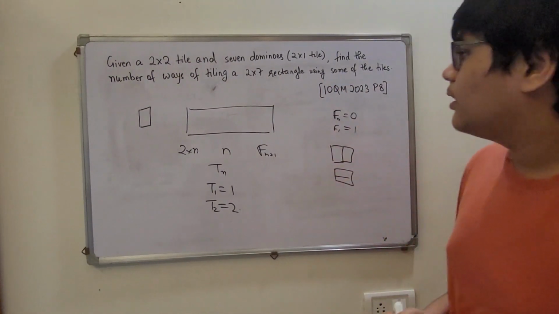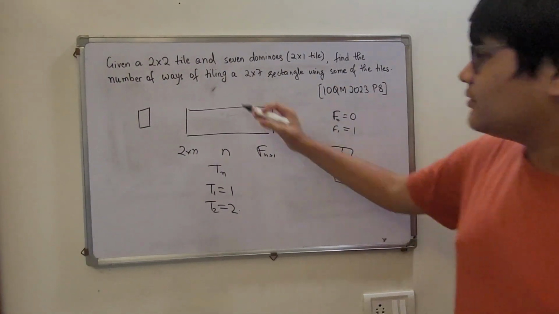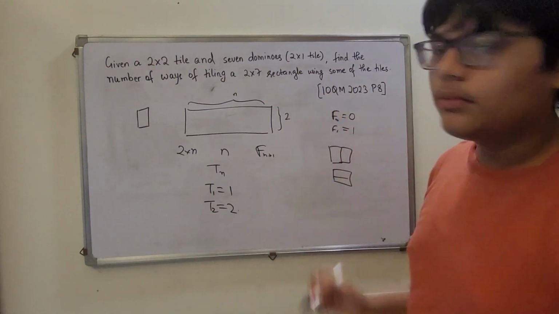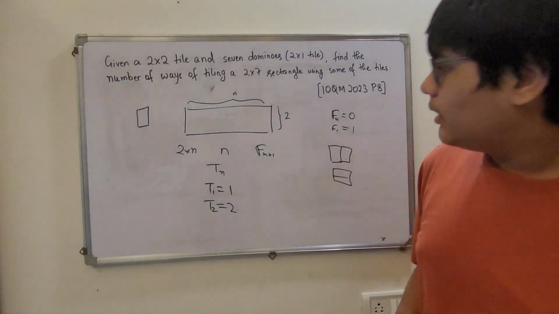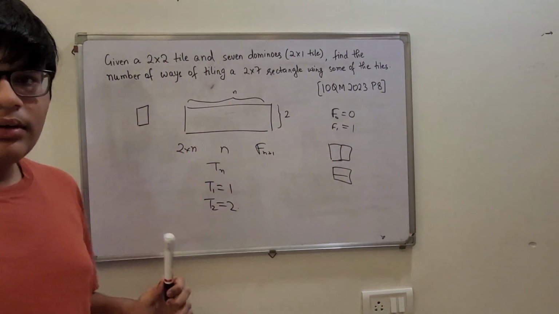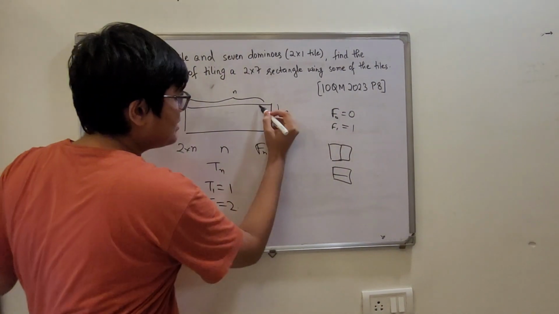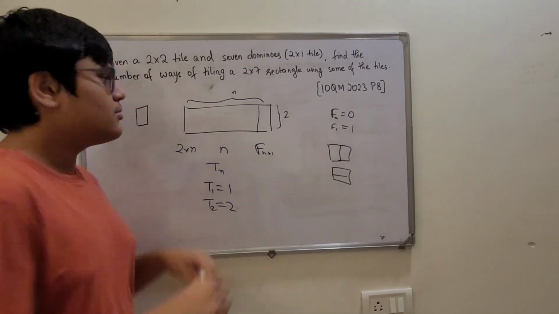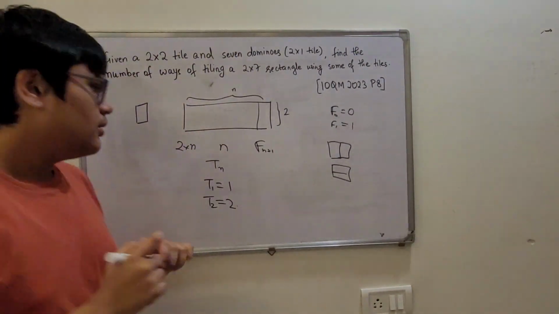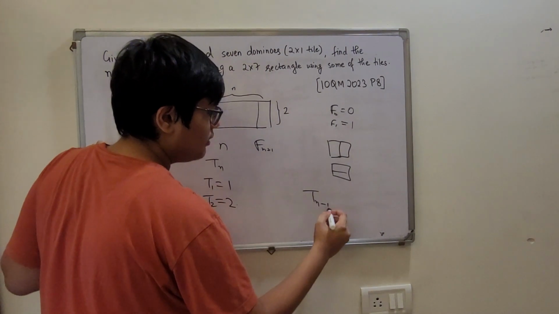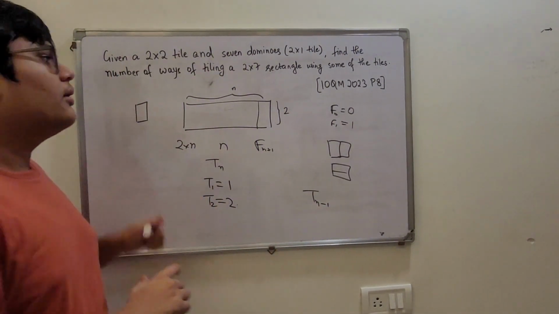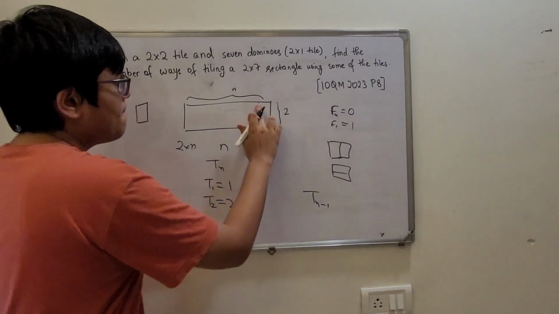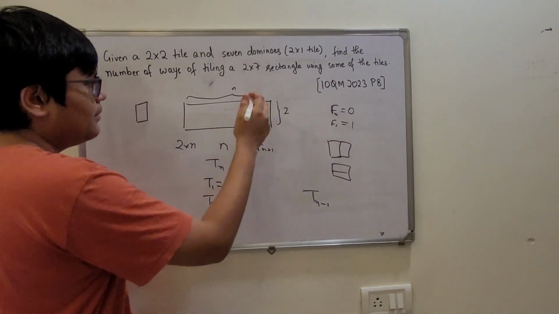Okay, so let's see. Suppose we are taking the 2xn rectangle, and in this rectangle, suppose the last domino is placed like this. Then the number of ways to tile this part is Tn minus 1, right? And since this is placed like this, the others can be placed anyways.